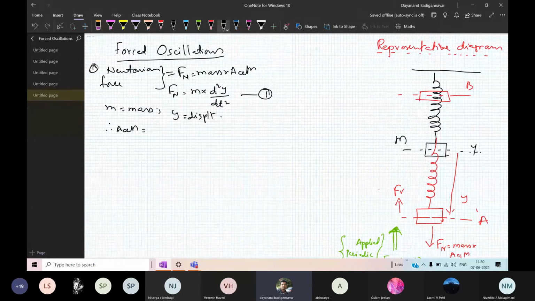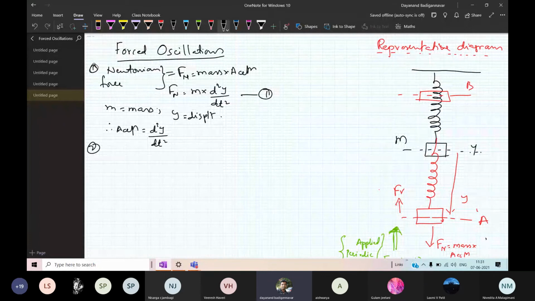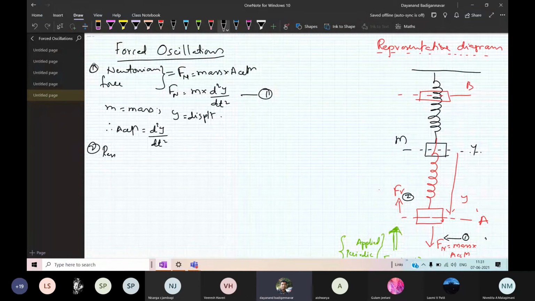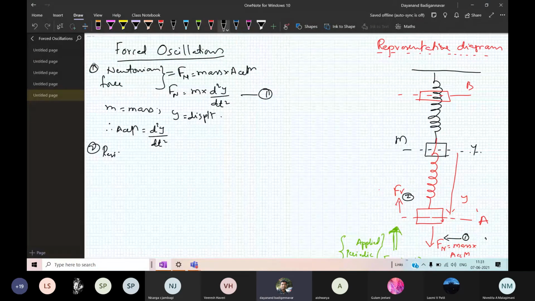The second force that you have is the restoring force. The restoring force Fr is equal to minus k into y. This I will take as equation 2.